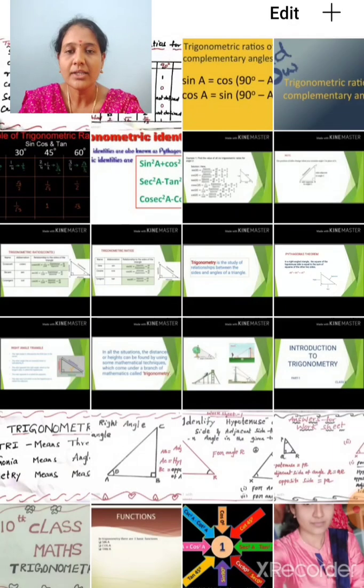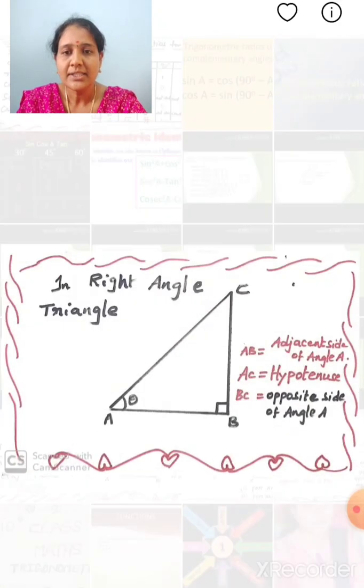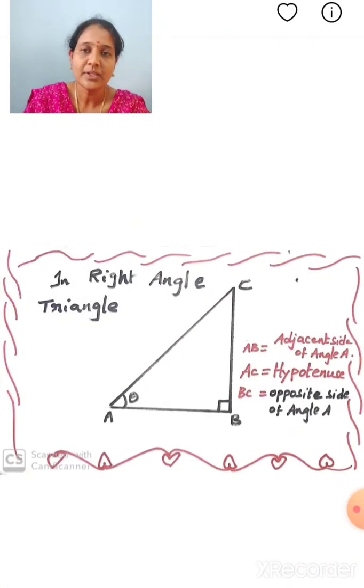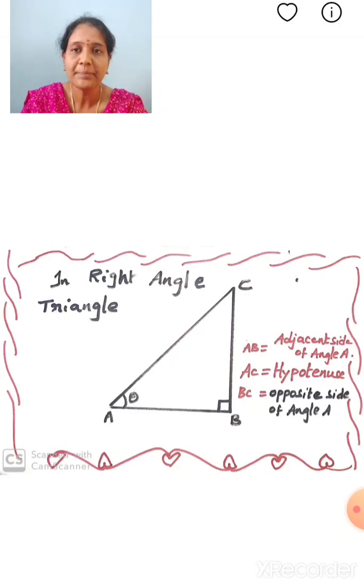You have to learn the Pythagoras theorem, children, because it's very important. After that, you just identify which is the hypotenuse side, which is the opposite side, and which is the adjacent side in the given figure. Observe the figure properly in the slide, children. The figure is a right angle triangle.